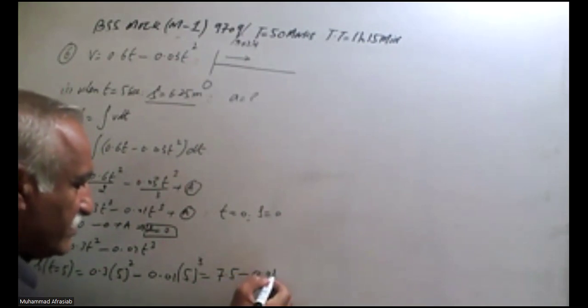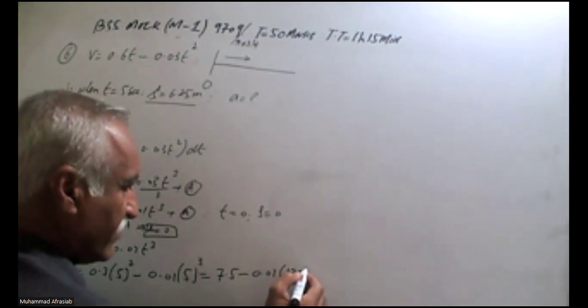Now we have to show this at t = 5. So the distance at t = 5 is 0.3 × 5² - 0.01 × 5³. That is 25 × 0.3, which is 7.5, minus 0.01 × 125.